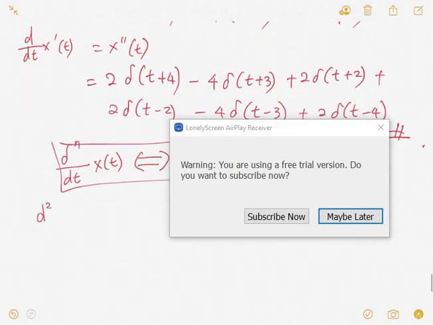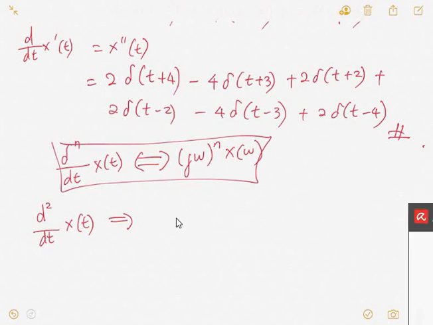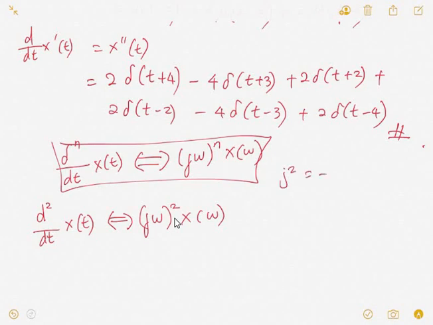So the second order, d^2/dt^2 of x(t), equals (j omega)^2 X(omega). Since j squared is equal to -1, it changes to negative omega squared X(omega).